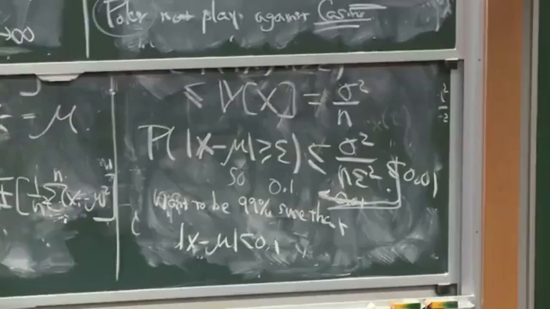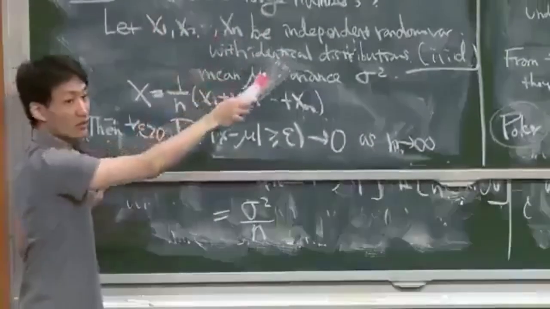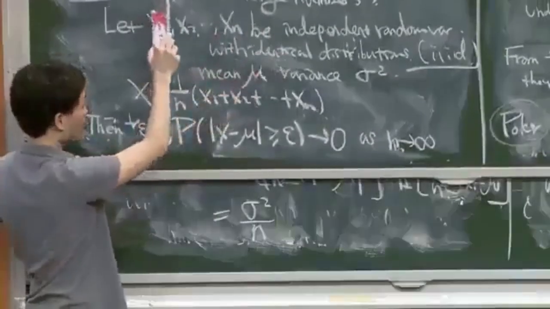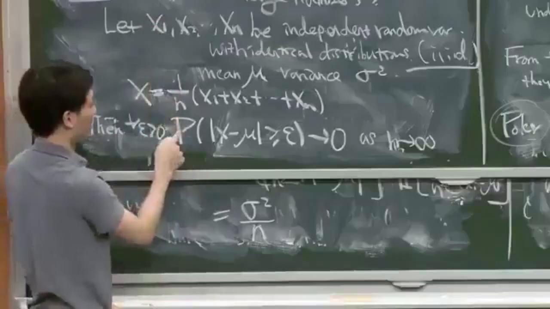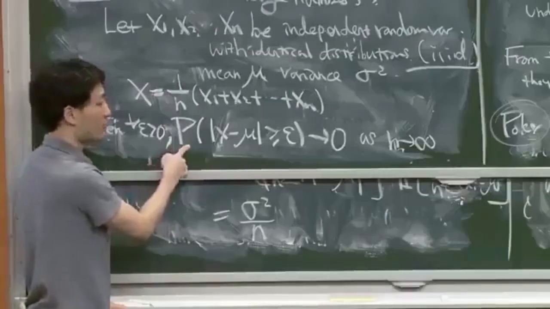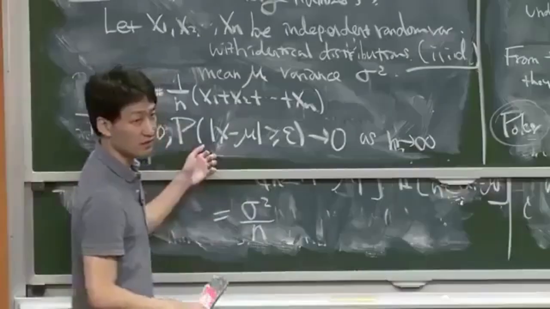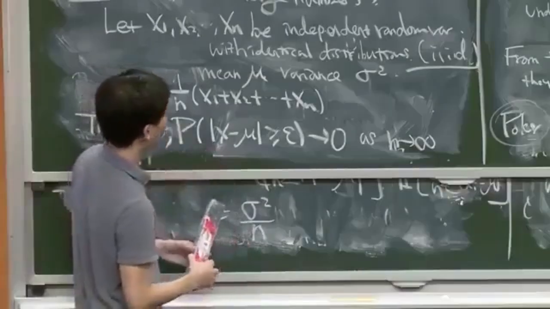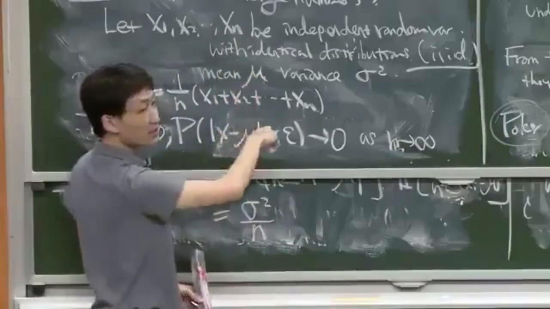Okay, so one more thing. For those who already saw law of large numbers before, as the name suggests, there's also something called strong law of large numbers. In that theorem, your conclusion is stronger. So the convergence is stronger than this type of convergence. And also, the conditions I gave here are very strong conditions.